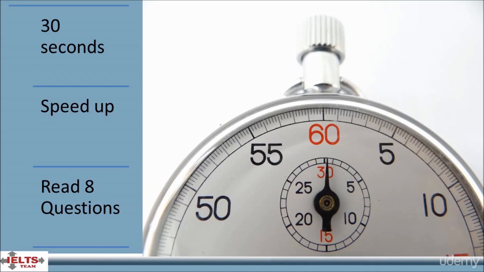Remember, in the other sections you commonly read and prepare for 6 questions in 30 seconds. So, simply, if you speed up a little bit, you should easily get through 8 questions and find and underline the keywords. This gets even easier if you don't have gap fillings.